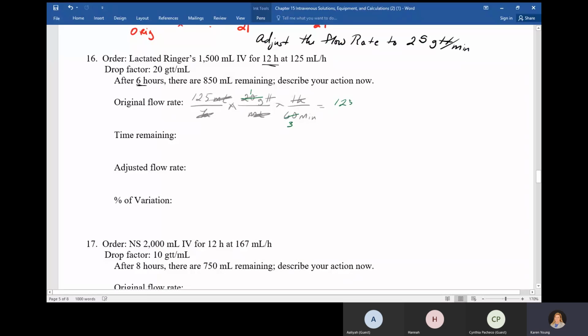So I've got 125 over 3, which equals, I'm going to go ahead and round it to 42 drops per minute. Okay, so that's my original flow rate.